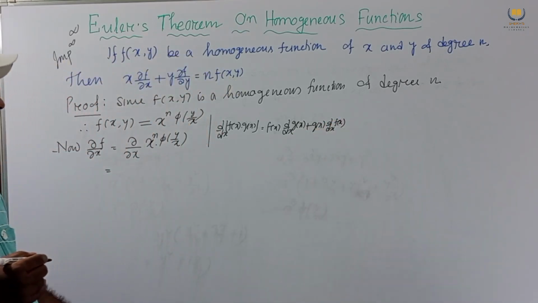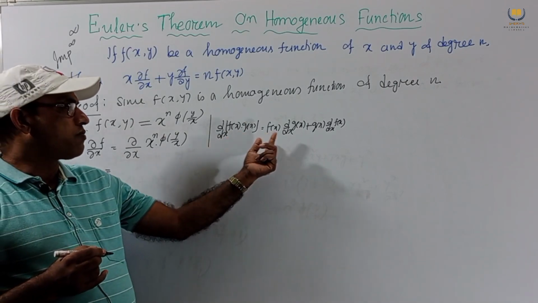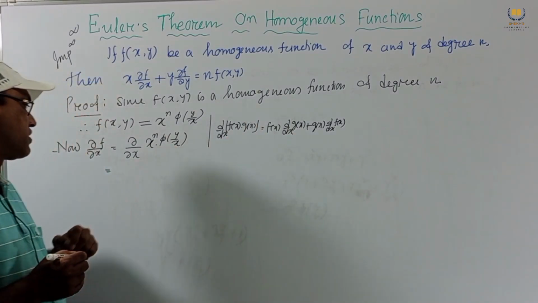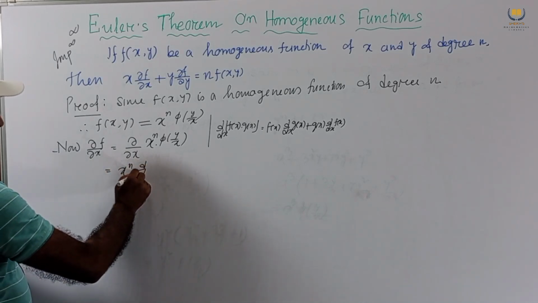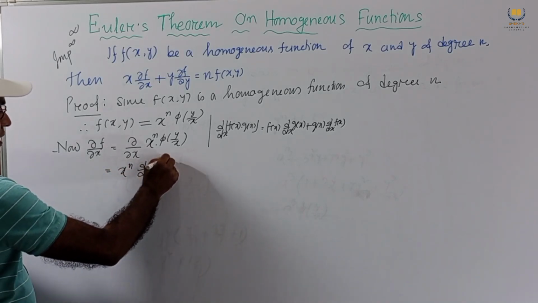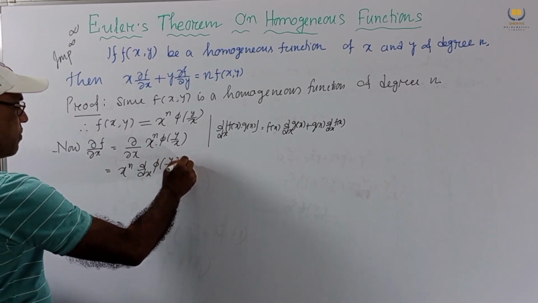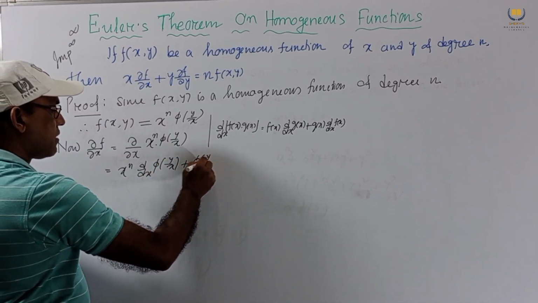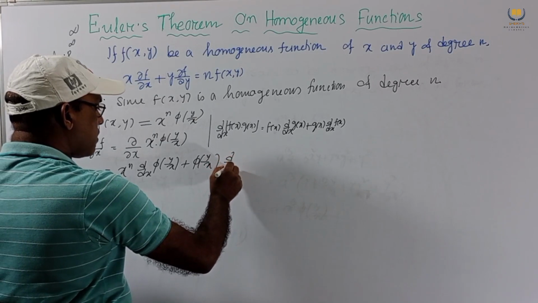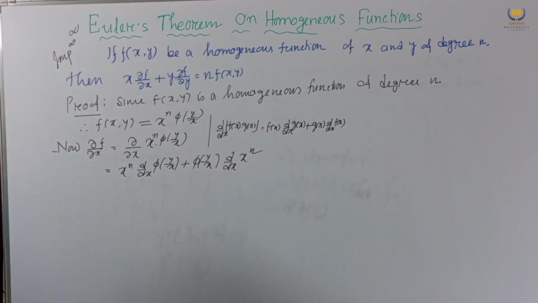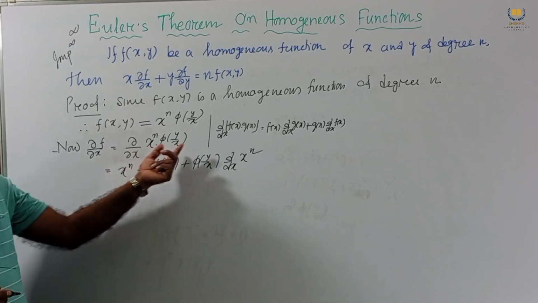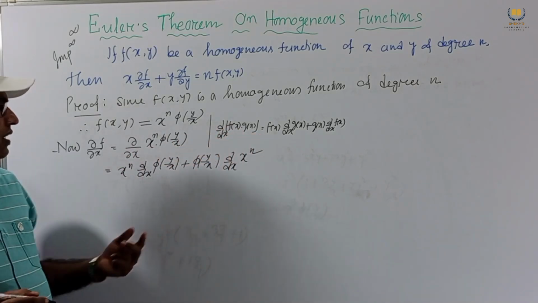First function into derivative of second, plus second function into derivative of first. By using the product rule we get this.